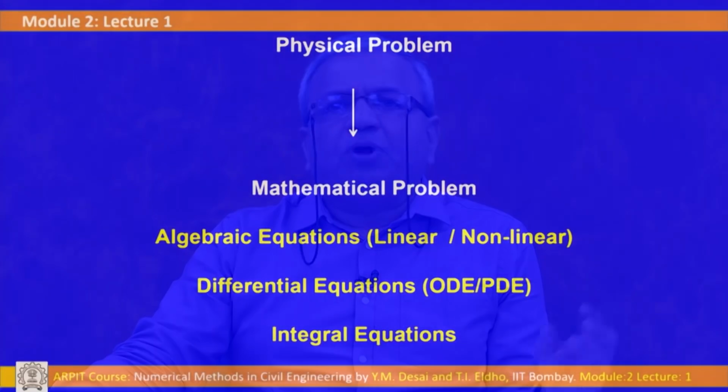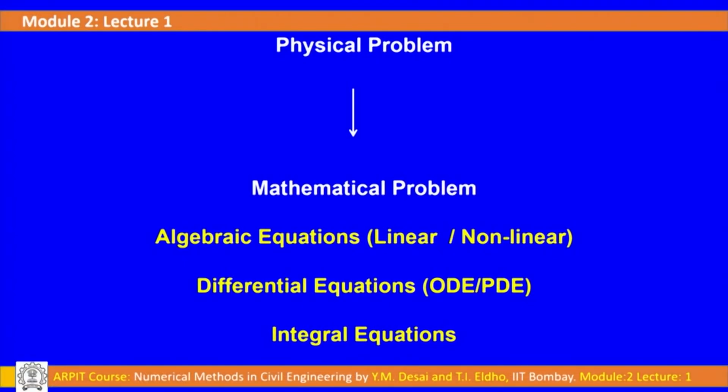So, now I start with the algebraic equations, since we have already been studying these linear simultaneous equations. We will quickly review them and then have a fresh look at these equations from a slightly different perspective.